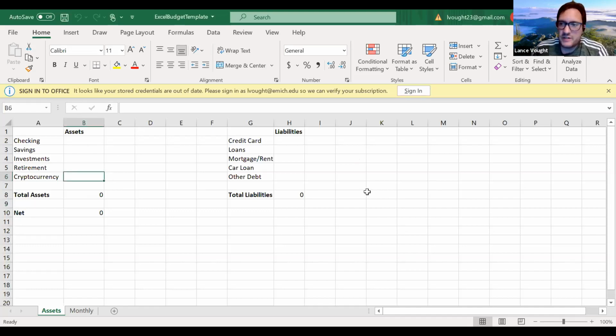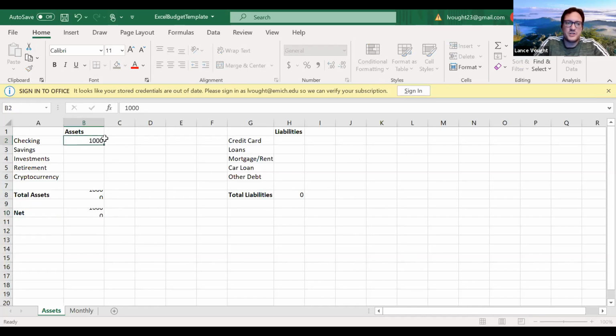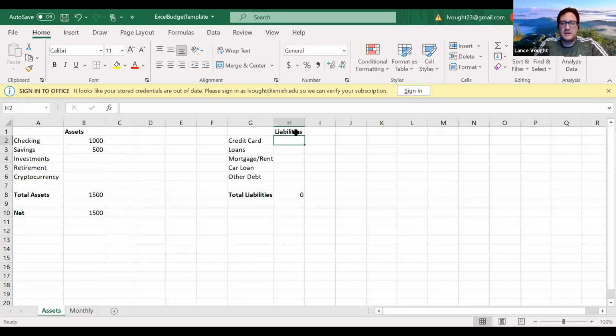So what I've done is I've done a couple Excel formulas in here. Like this will do a running total of your assets, will do a running total of your liabilities, and this will subtract your liabilities from your assets for a net value. So let's say you have $1,000 in your checking account, and you got 500 in your savings, and you got $700 in credit card debt, and you have a rent payment of $700, and that's all you got.